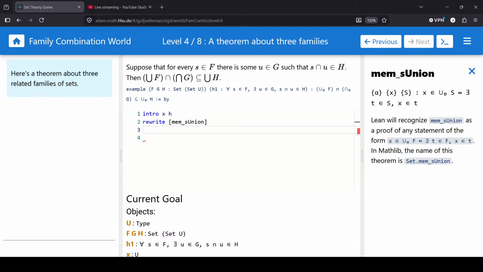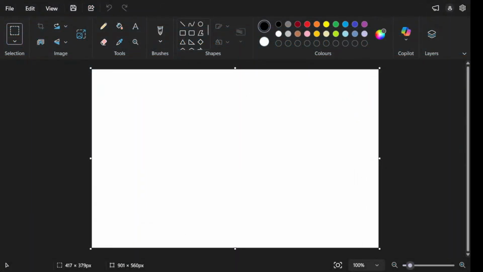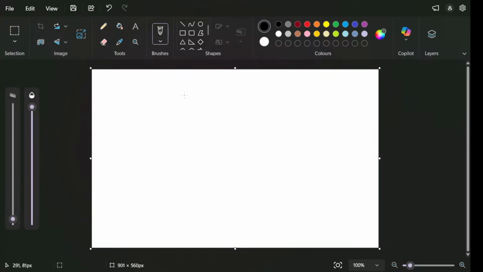There's going to be a union of the sets in F. Okay, let me switch over. Yeah, so we got a union of the sets in F. Oops, that's the wrong tool. We'll do it like this, maybe a little bit of this.